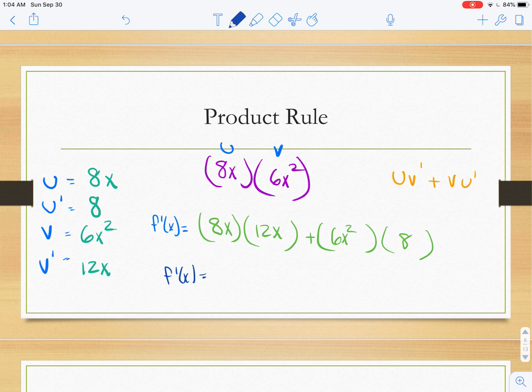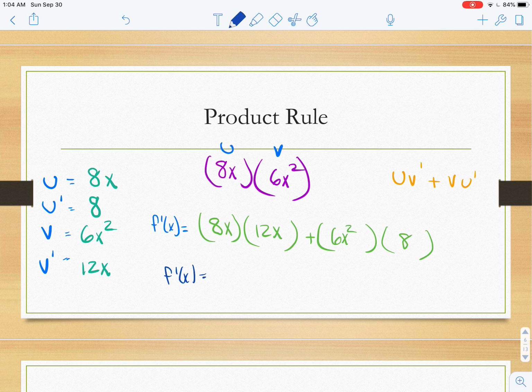To not make any mistakes like I might do, just keep it like this, in the u v prime plus v u prime form, and teachers will most likely accept this answer. I just didn't want to make a mistake like I usually do on tests. So you don't want to make those little silly mistakes. Just check with your teacher if you can put it just like this, and you should be just fine.